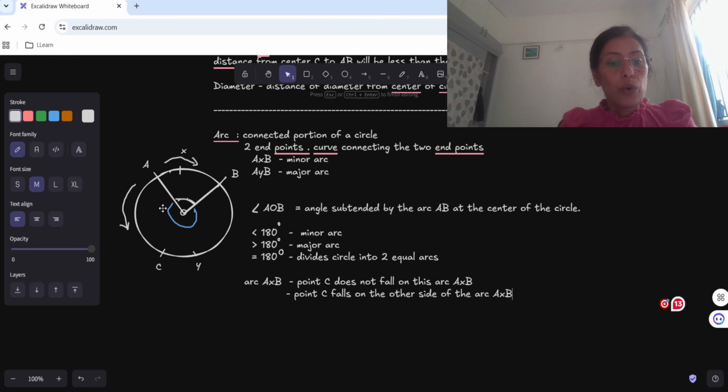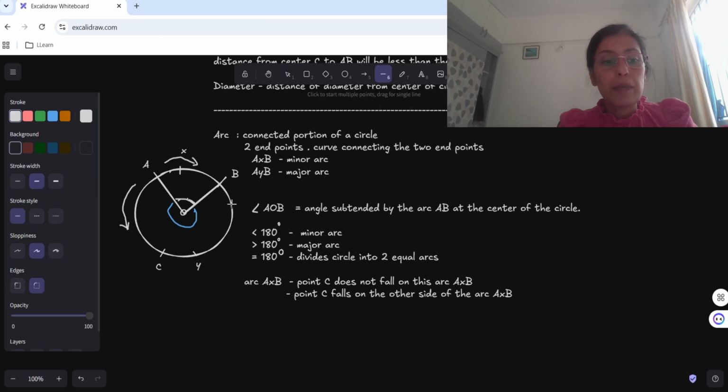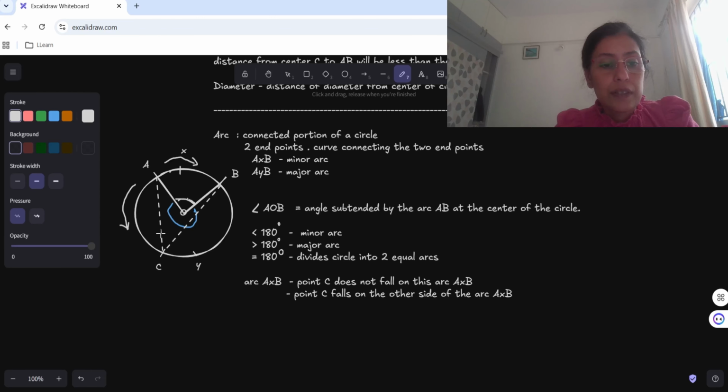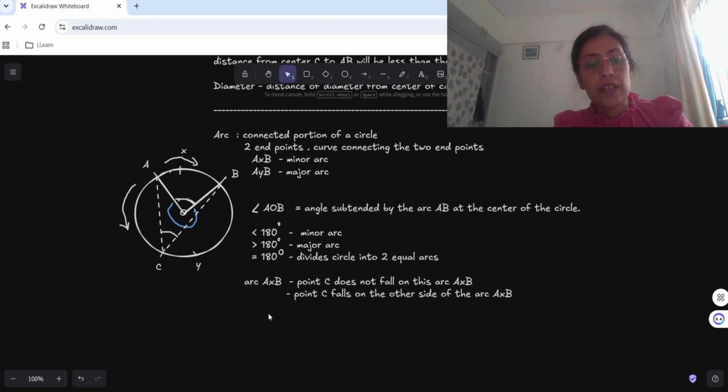So now for example, if I join this and I join this, then this angle, what is this angle called?